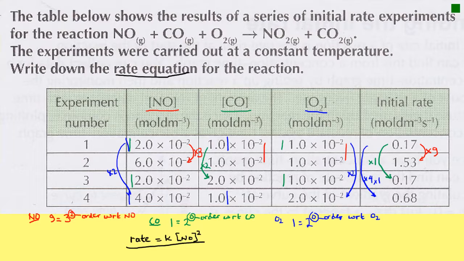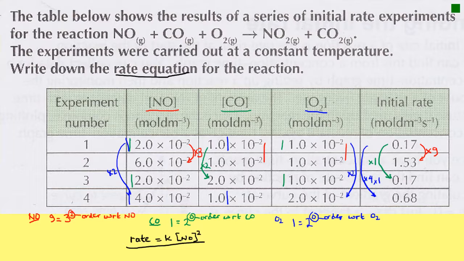So for 9 to be equal to 3, it needs to be to the power of 2. So we have 2 as the order with respect to nitrogen monoxide. So there we have the order of the first reactant.